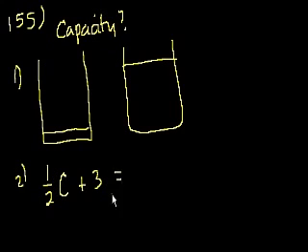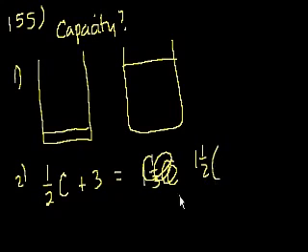To increase something by 1/3 is like multiplying it by 1 1/3, right? That's 1 1/3 times the capacity. That's what they're saying, right? The amount of water in the bucket will increase by 1/3. So they're essentially saying you're going to have 1 1/3 times what you started off with, which was half your capacity.